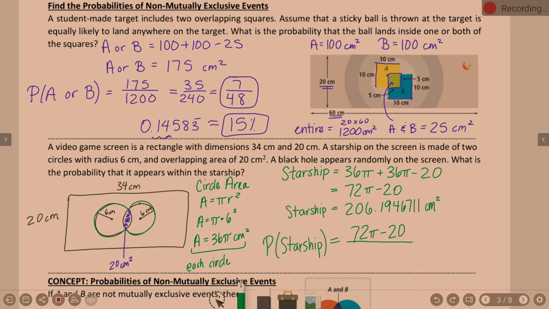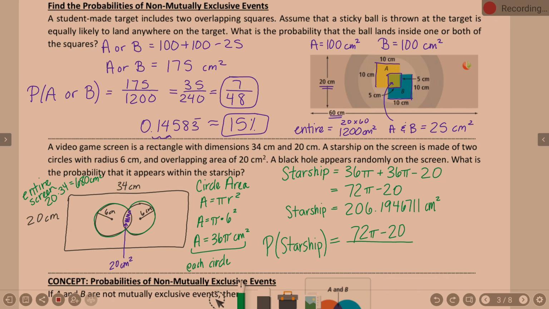Why 680? Because that's 34 times 20. Okay, so we never found it, I'm realizing. The entire screen. How do I find the area of the entire screen? It's a rectangle, so 20 times 34, which is indeed 680.